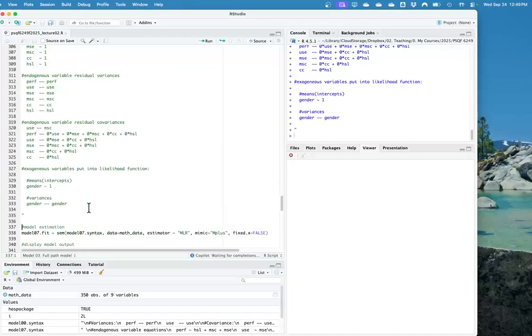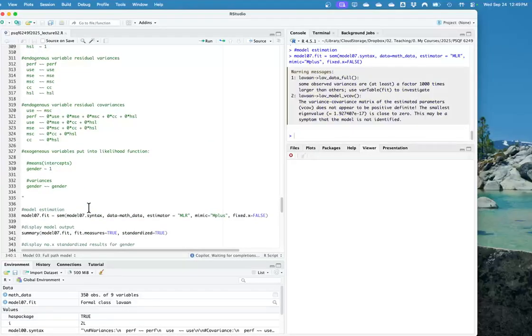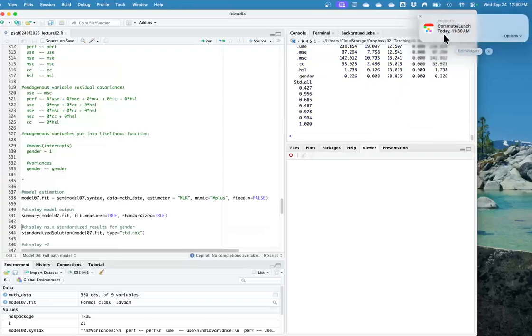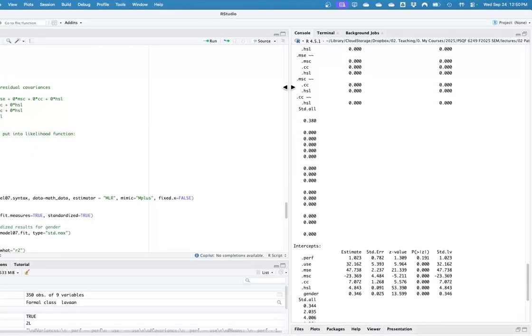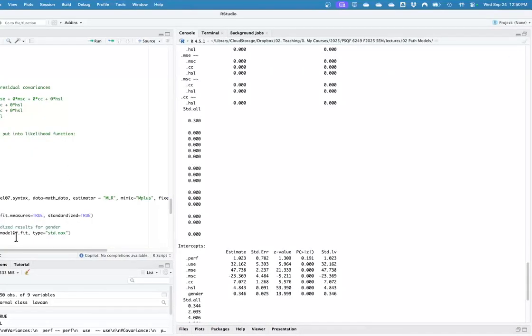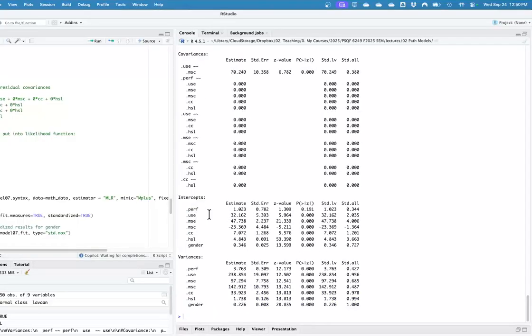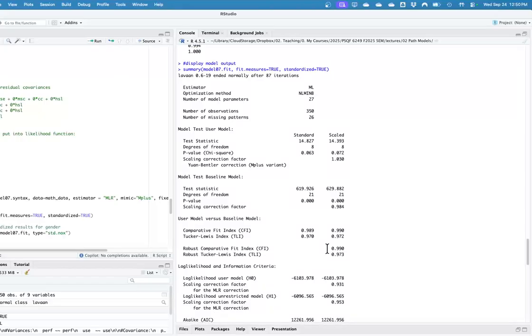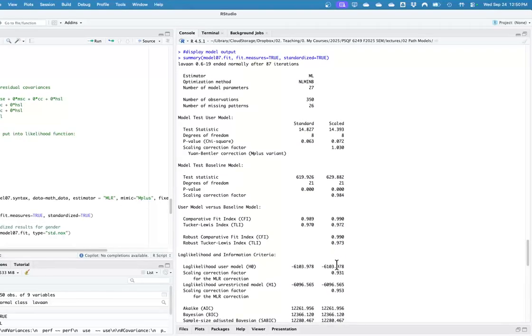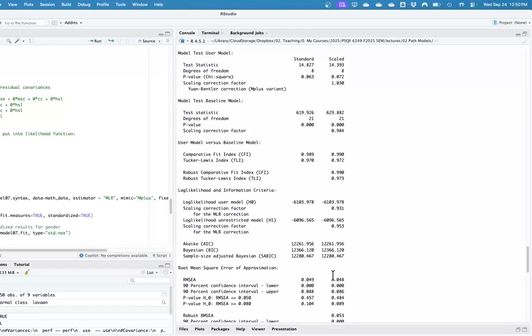Of course, it doesn't rescale, so let's do that. There we go. Same numbers, right? RMSEA is down below, a little bit different order.